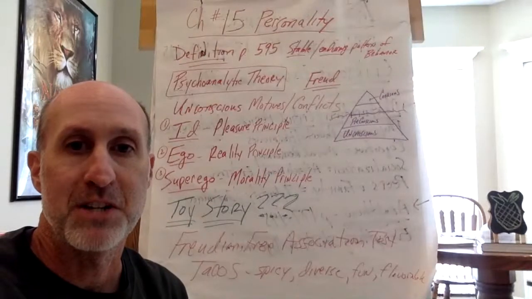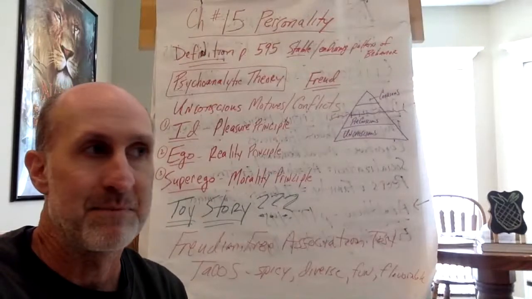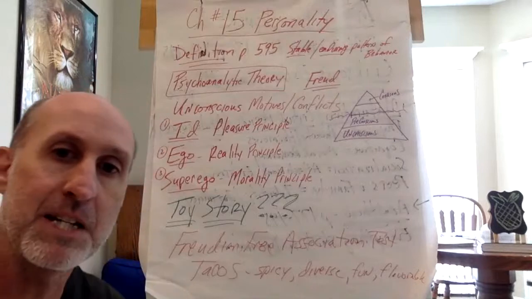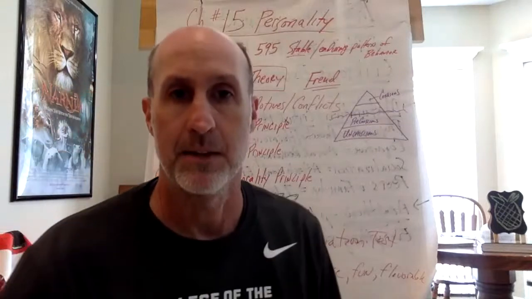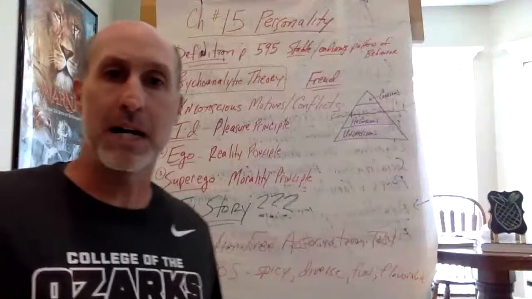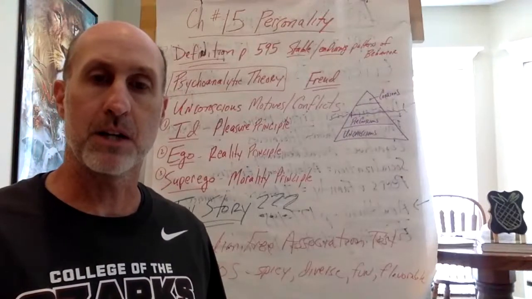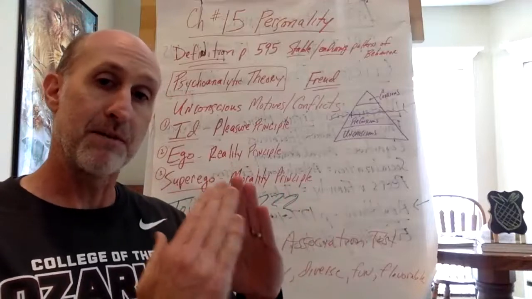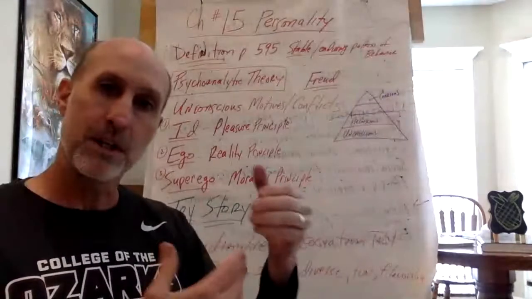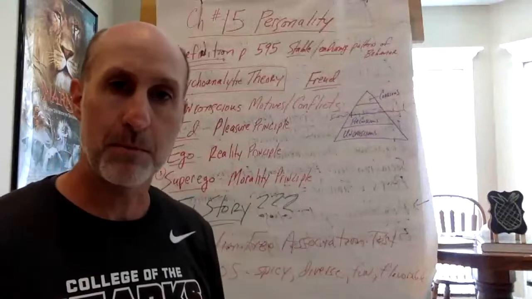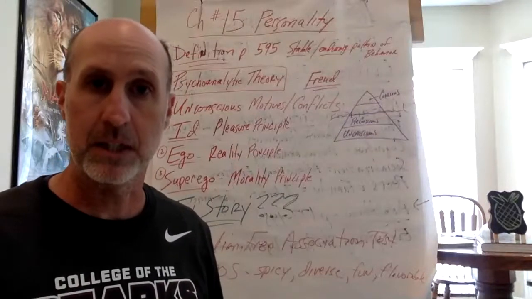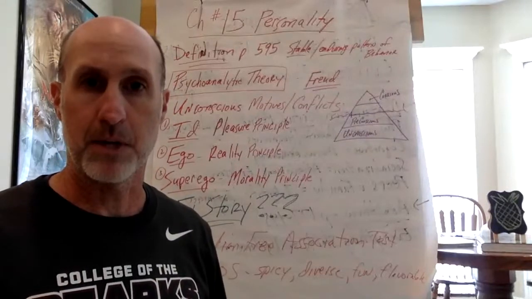It's not a perfect representation, but the idea is that 90% of the iceberg is underwater, and it's our unconscious mind. Most of the things that influence us are in that unconscious mind, and then 10% is above the water, which is the conscious mind, which according to Freud is a very small part of where our personality and thinking process come from.